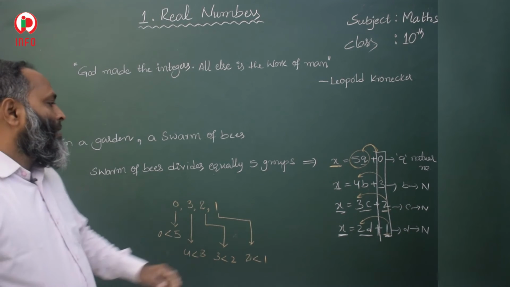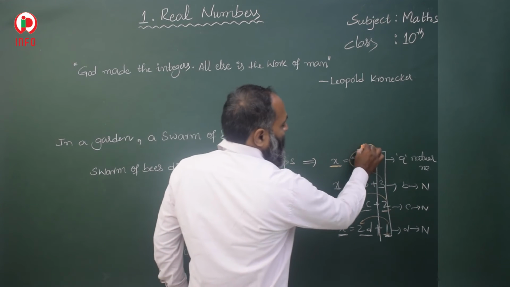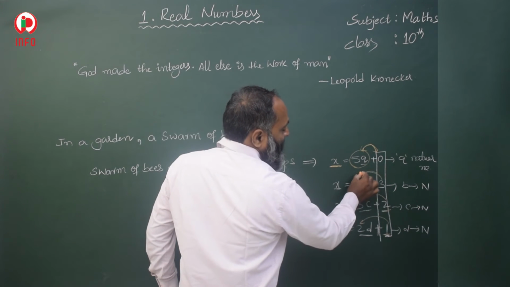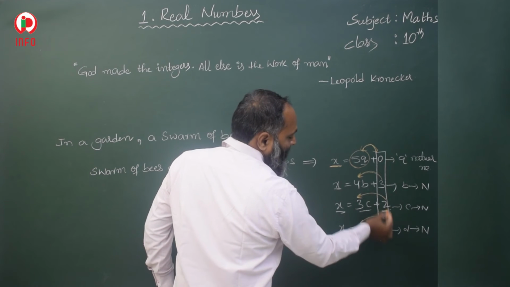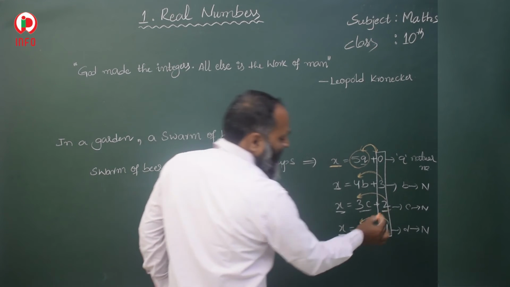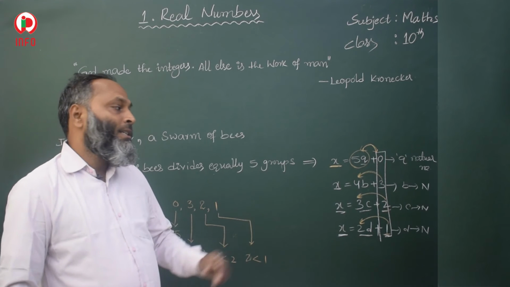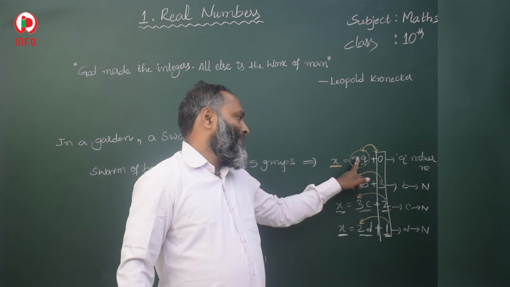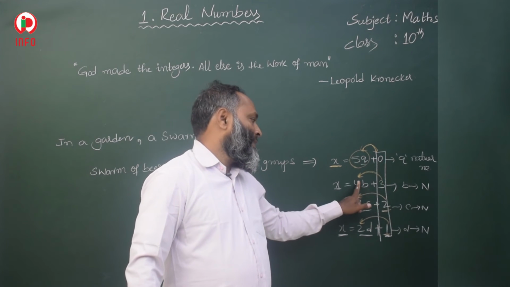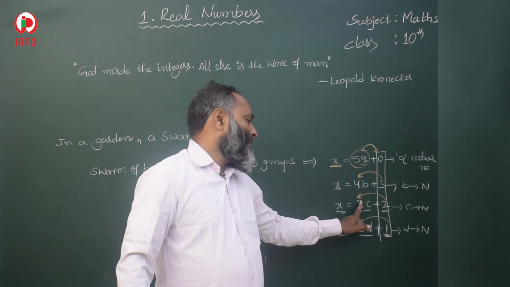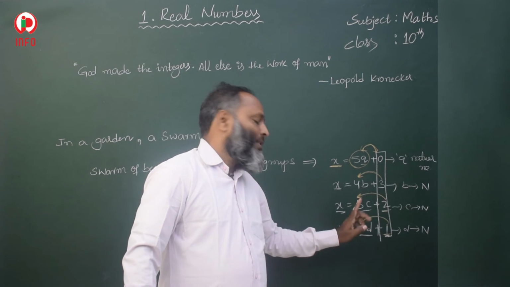Okay, so here 0 is less than 5, 3 is less than 4, 2 is less than 3, and 1 is less than 2. Okay, this you should remember.